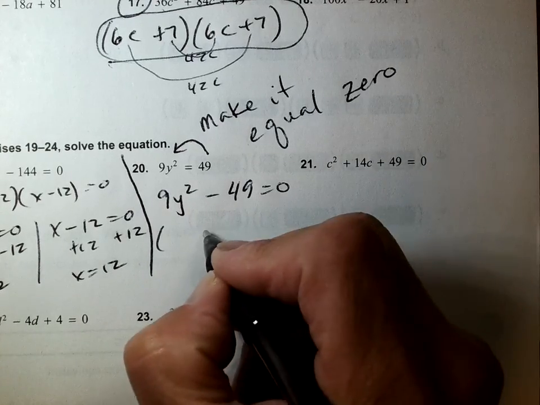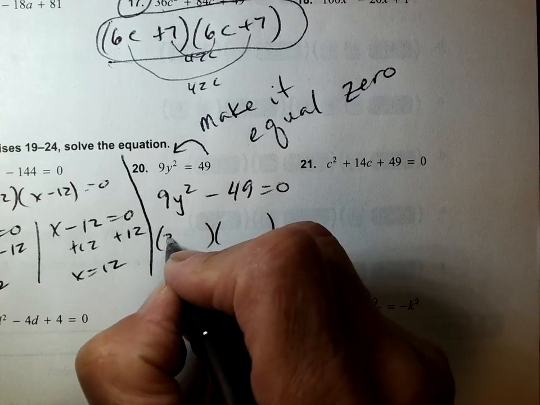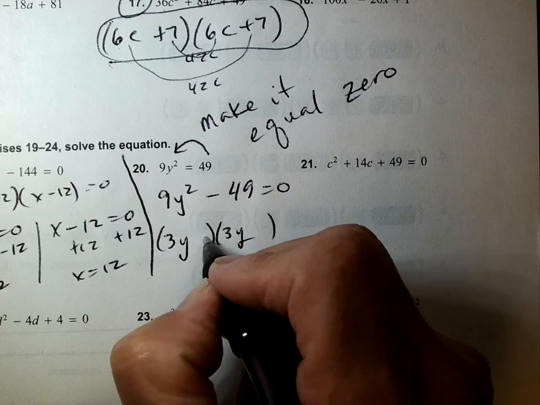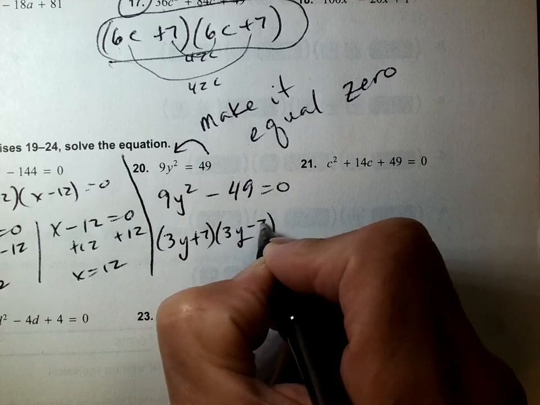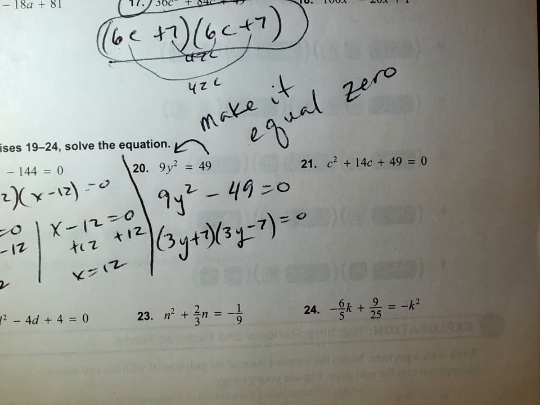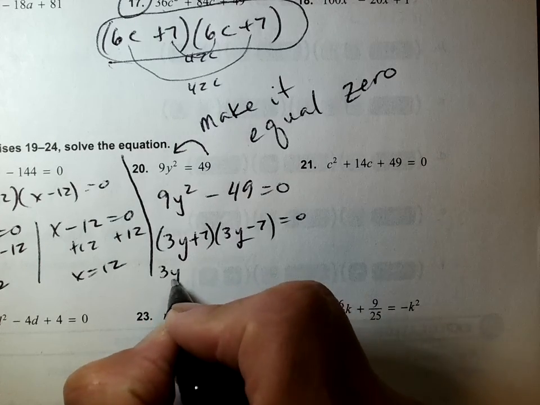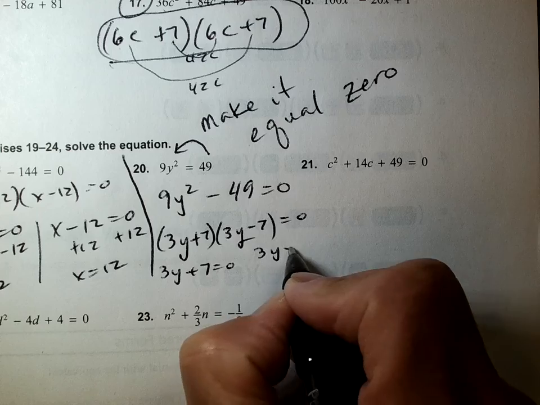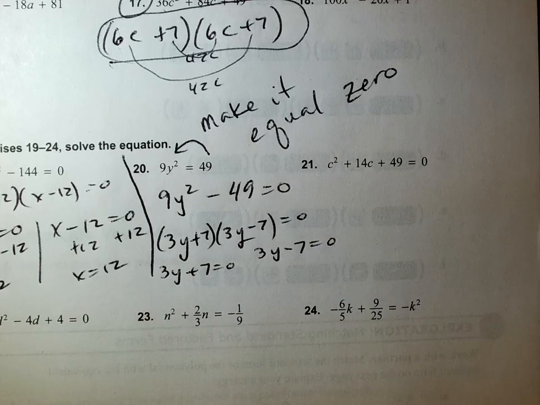Factor: 3y plus 7, 3y minus 7. But we're not done, because we need our mini equations, right? Anytime there's an equal sign, we've got to do our mini equations. So we'd have 3y plus 7 equals 0 and 3y minus 7 equals 0.